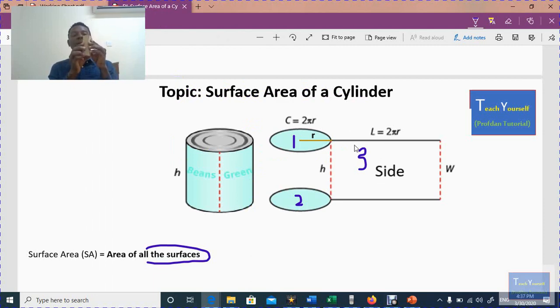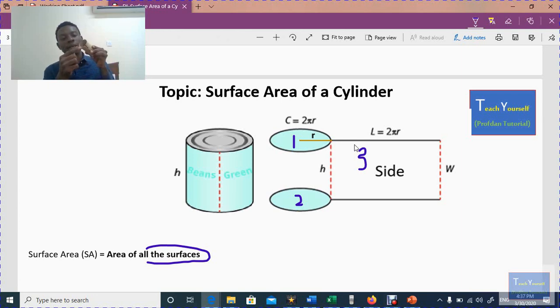Look at this. Okay, a cylinder. When I open up this cylinder, the whole of this length is the circumference of a circle. Let's fold it back again. You see, forming a circle, then we have a circle.